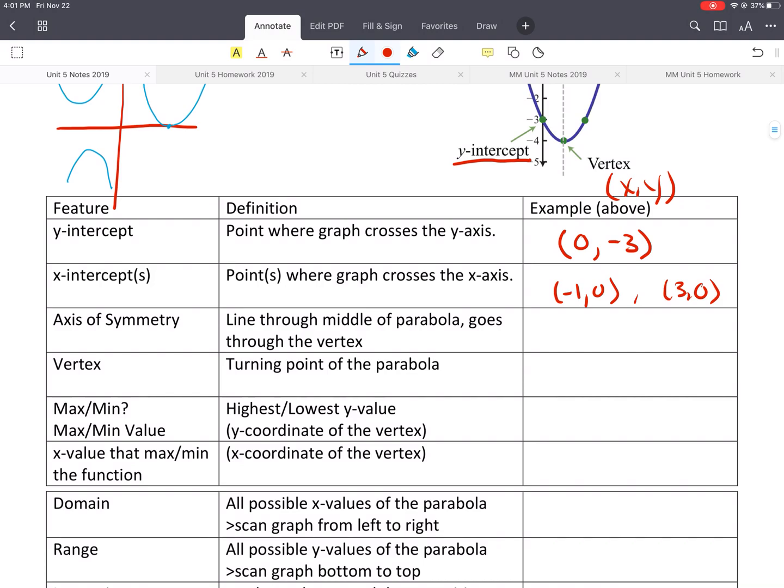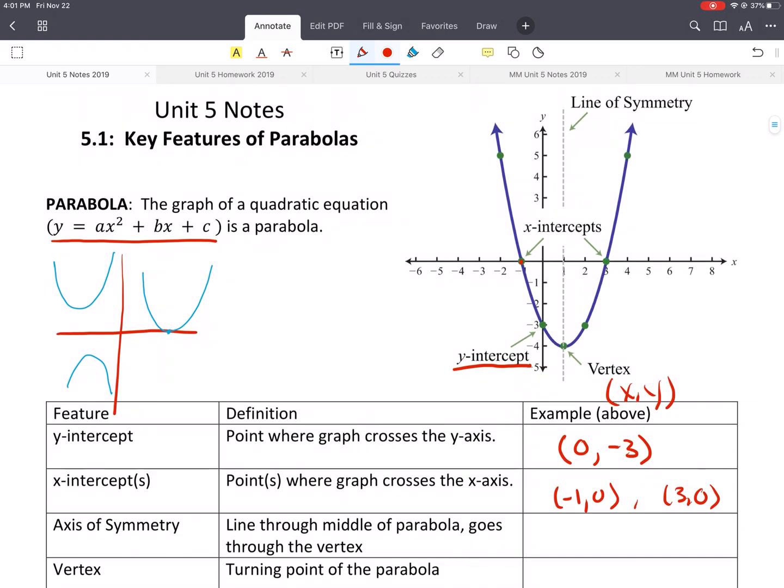You may want to have your notes out while you're doing this because it's probably easier not to go back and forth looking at this. But axis of symmetry, that's labeled on here too. Here they call it the line of symmetry, same thing. It is the vertical line, it's always vertical, that cuts the parabola in half. Parabolas are symmetric.